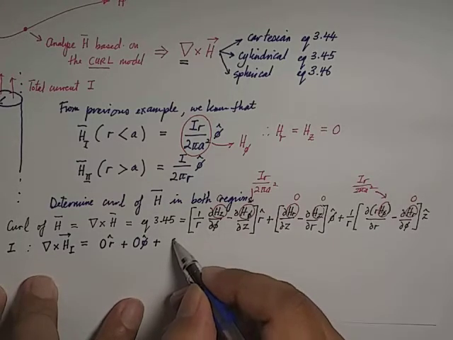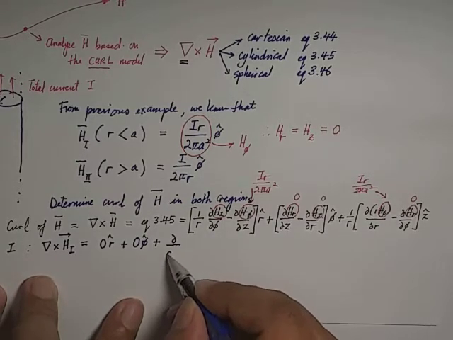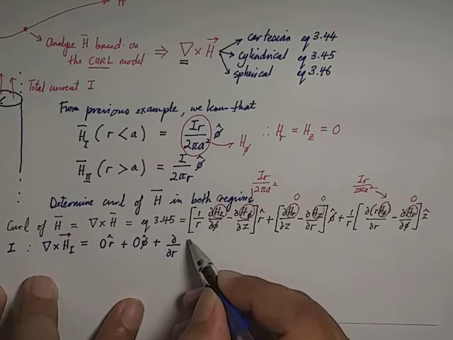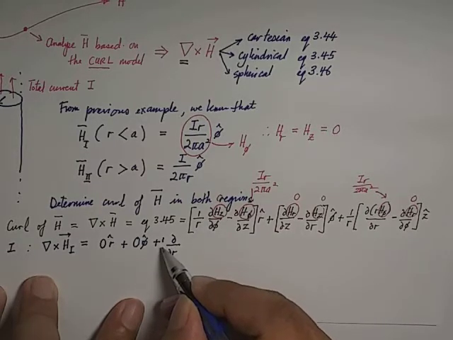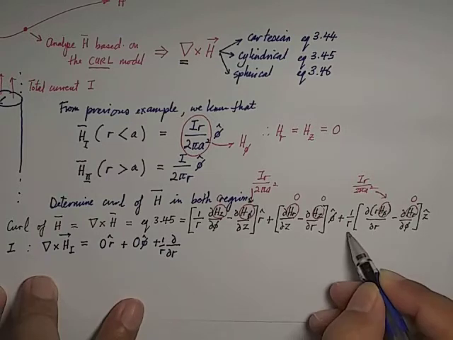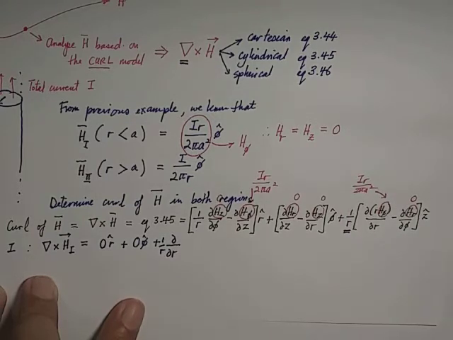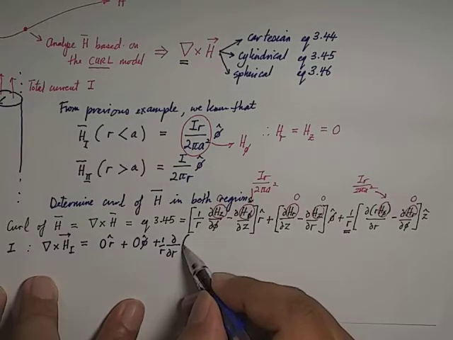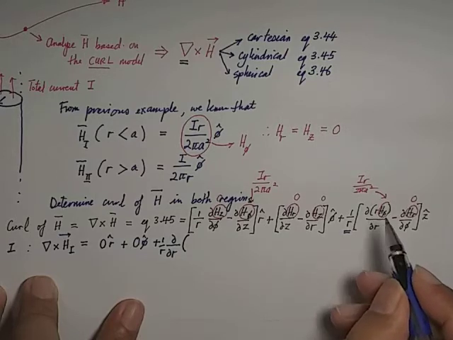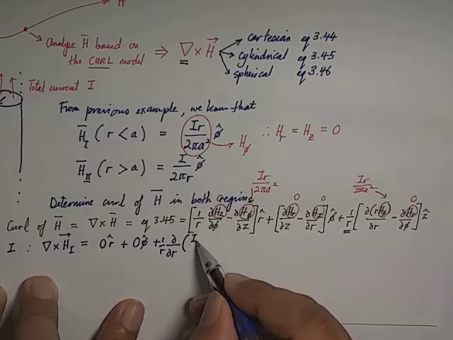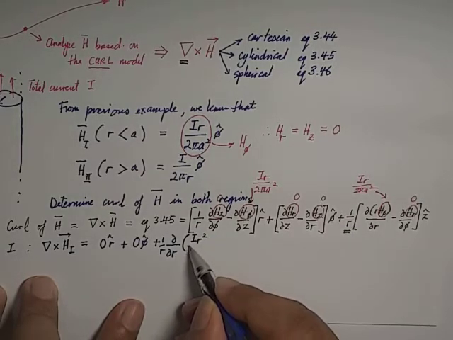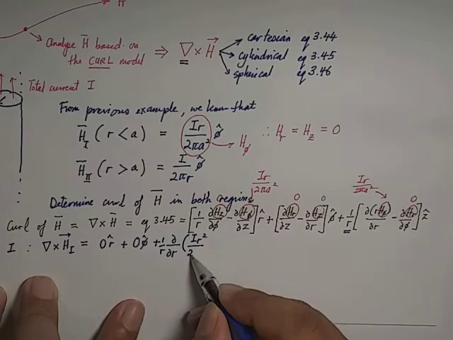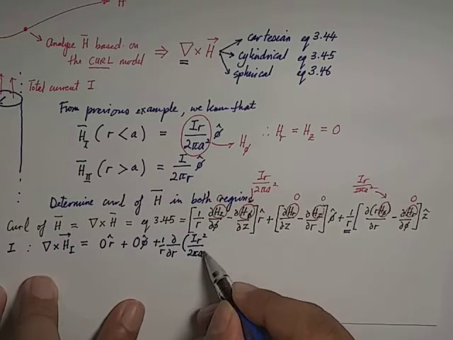Okay, d over dr. Now I'm going to have 1 over r. Remember, don't forget 1 over r in front here. Okay, and then what I need to differentiate here is I r squared over what? 2 pi a squared, correct?